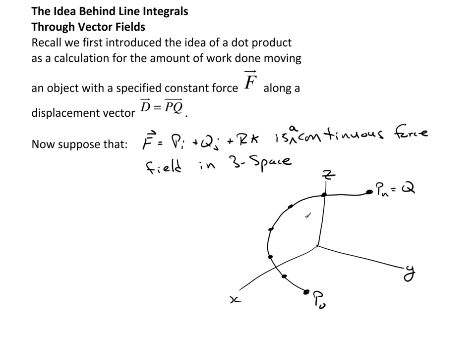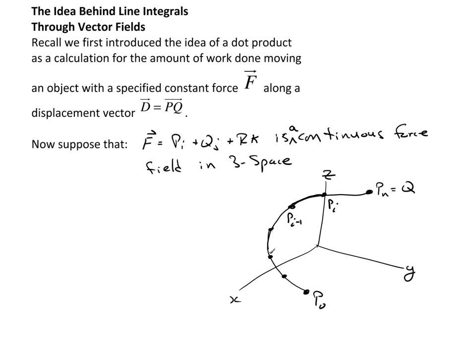Now, let's say this point right here is point Pi. That would make this point Pi minus 1. Each piece here I'm thinking of as a subarc.